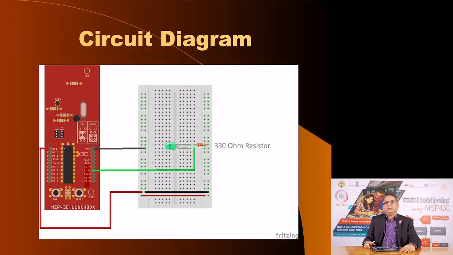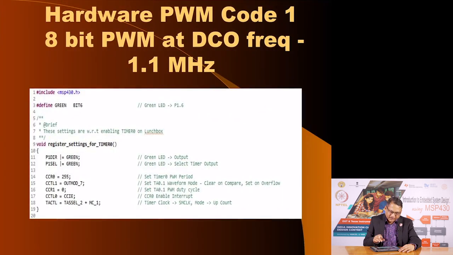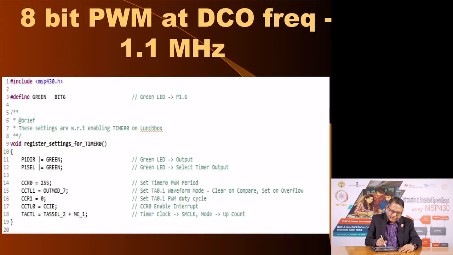In our lunchbox, we do not have any LED on the PWM pin P1.6. As you know, we have an LED on P1.7, but unfortunately we cannot route the PWM output to P1.7. So, we have to connect an external LED with a series resistor to P1.6. Here is the code. We have connected an LED to P1.6.